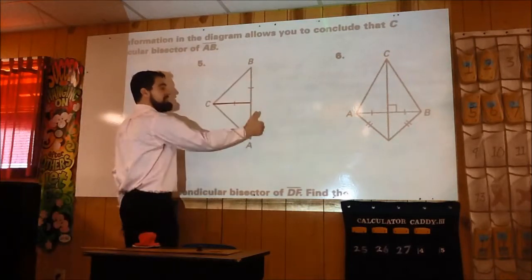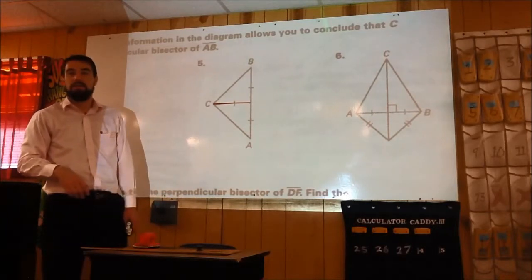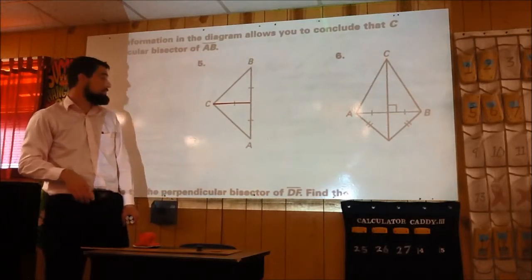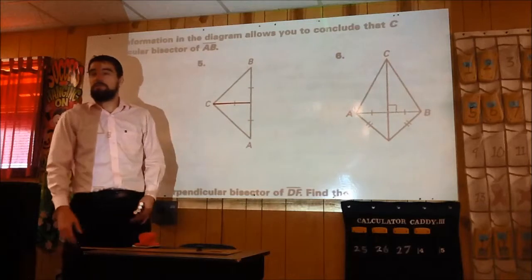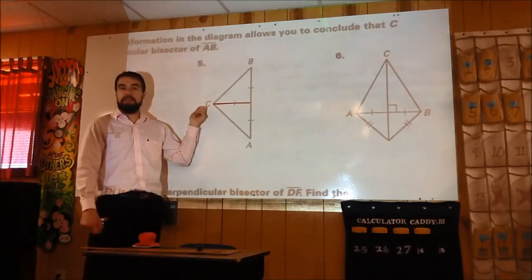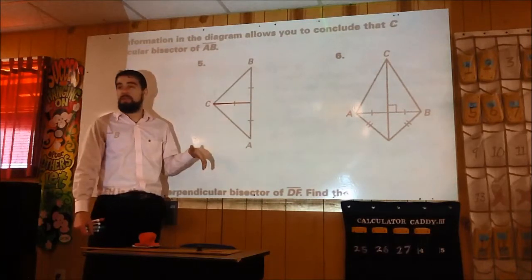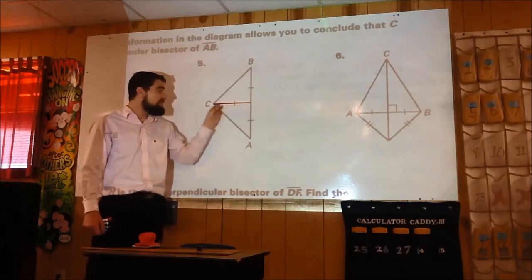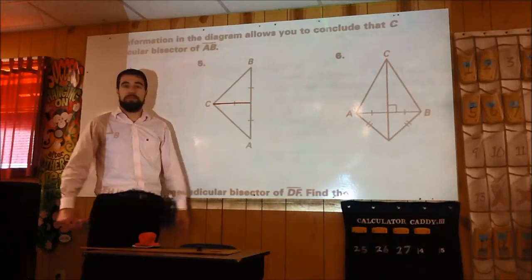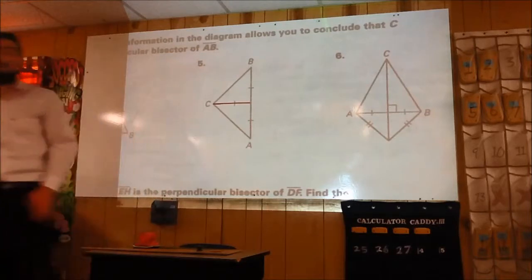Yes, it's bisecting this segment because this part is congruent to that part. Is it perpendicular? We don't know. So can we conclude that point C is on the perpendicular bisector? No, there's not enough information. We don't know if it's equidistant from the endpoints, and we don't know if this segment is perpendicular. We cannot conclude that point C is on the perpendicular bisector.